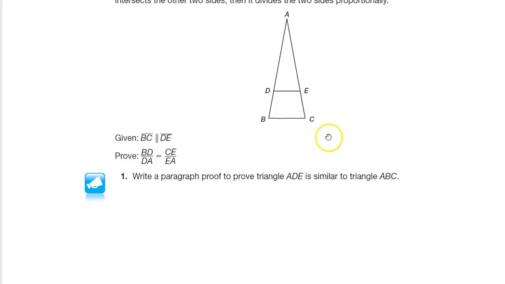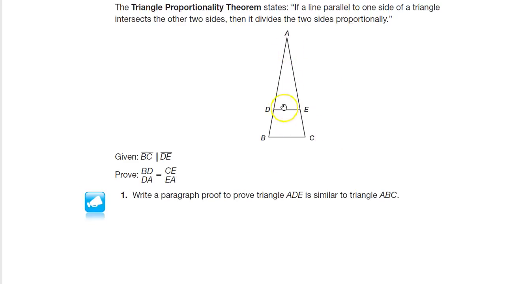Because these are parallel lines, you're going to write a paragraph proof. The point being that this angle, ADE, is a corresponding angle to ABC. So these two angles have to be congruent by the corresponding angles postulate. Same thing goes for the opposite side, where this angle and this angle are congruent by the corresponding angles postulate.